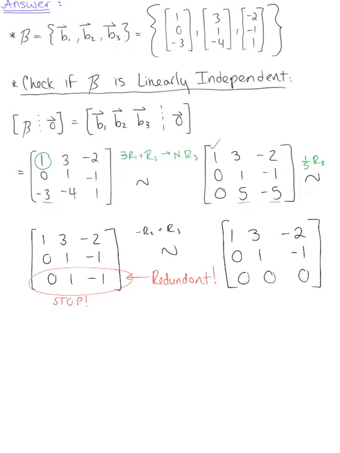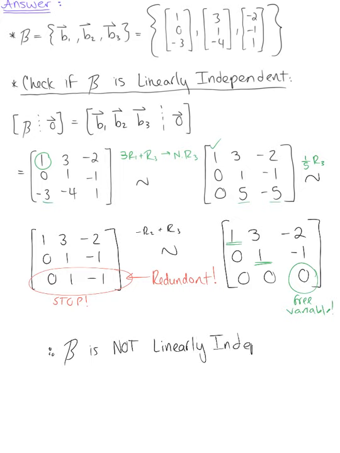So while we can see that we have standard variables in the x sub 1 and x sub 2 position, we have a free variable here. This lets us know that, therefore, this indexed set of vectors B is not linearly independent, which tells us that B is not a basis for R3.